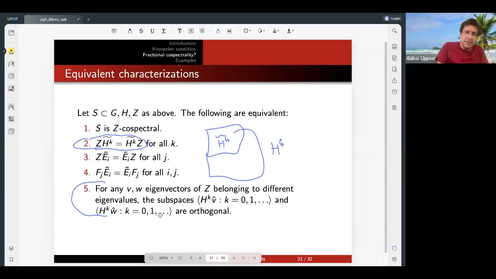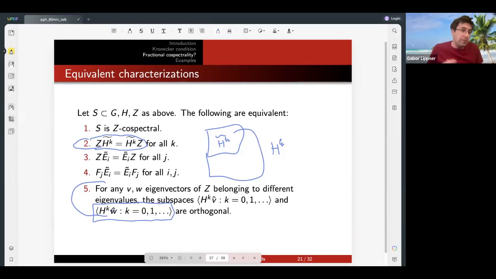The other nice equivalent characterization, which will be important for the polynomials I want to describe, is this: you take an eigenvector of Z extended by all zeros, and look at this walk module, the linear space generated by applying the Hamiltonian any number of times to my starting vector.